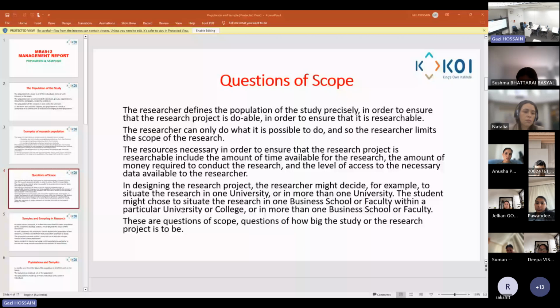Here there was a figure. For example, the population shows 1y, another one is 2y, another one is 3y, another one is 4y, another one is 5y, another one is 6y. So this is the total population.